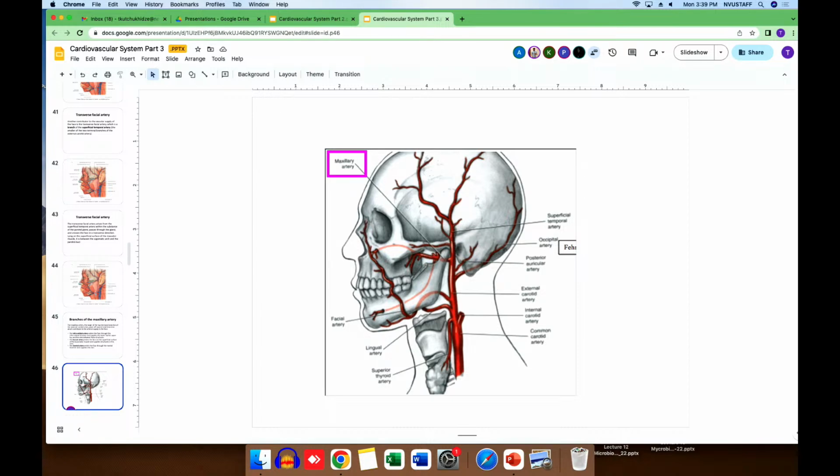We had the branches of the superficial labial and inferior labial, and also nasal lateral septal branches. We had also the maxillary artery, which went through the maxillary bone and supplied the maxillary part, right?